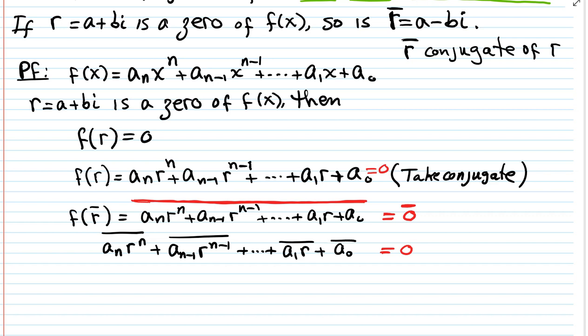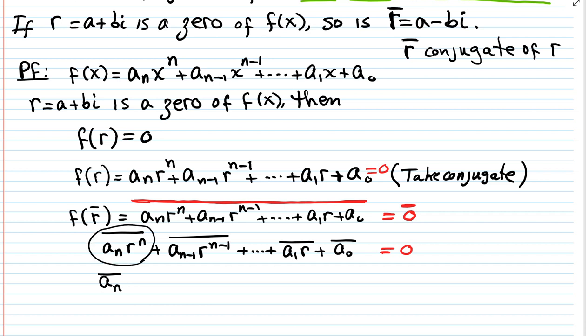Cool? So conjugate of a sum, sum of conjugates. Now, if we take the conjugate of each term, we can use the product rule of conjugates. This is a constant multiple, so the conjugate of a product is the product of conjugates. That's the property I'm going to use.